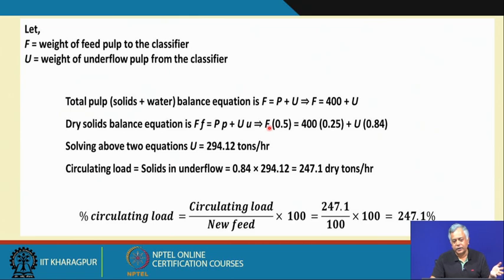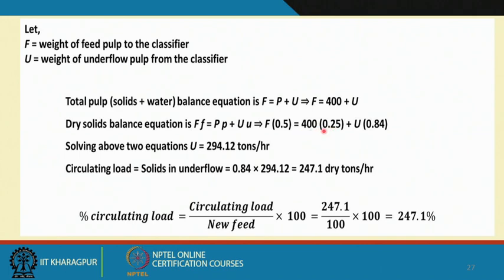We have already converted the solid percentages into fractions by weight, so F into 0.5 is equal to 400, that is the capital P, times 0.25, that is small p, because we said your overflow has 25% solids by weight.